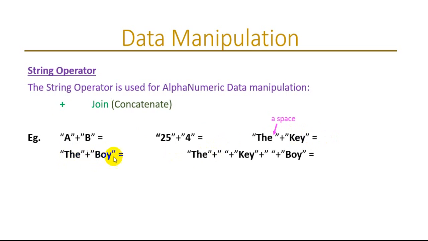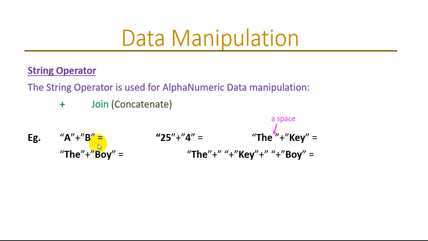It's just joining the two alphanumeric constants, the and boy, using the plus operator. Here we are doing multiple joins. These are all constants, right? The space, key, space, boy, all alphanumeric constants, because all of them have double quotes. So we are joining the and a space and then key and so on.